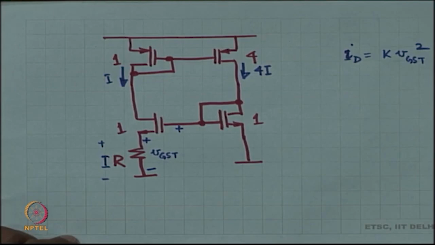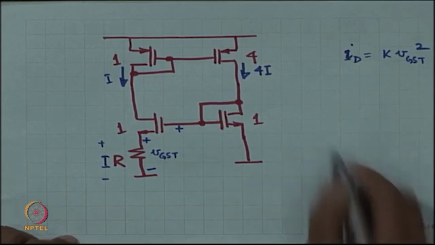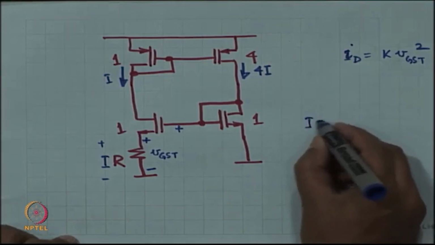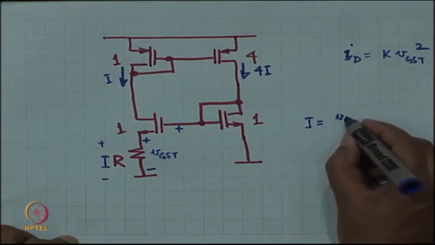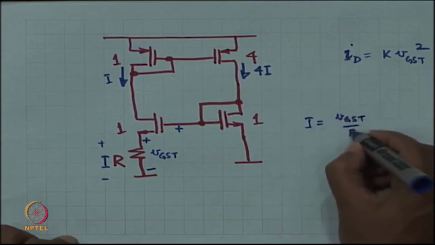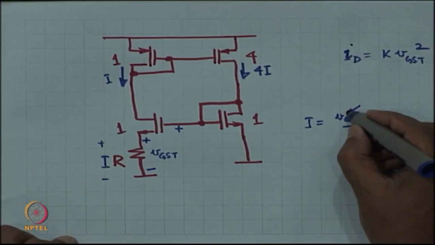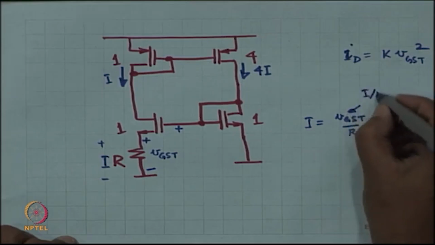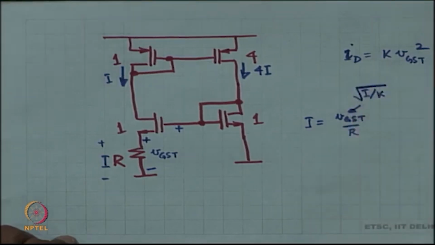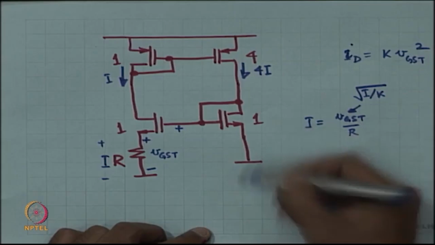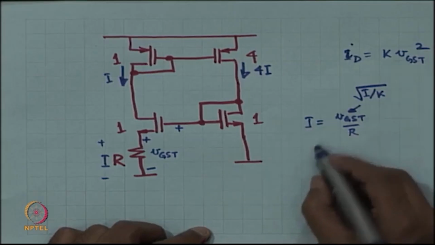Okay, which means what is I? I is VGST by R, where what is VGST? VGST is square root of I by K, all right, and that gives you some current. Square root cancel out. Okay.